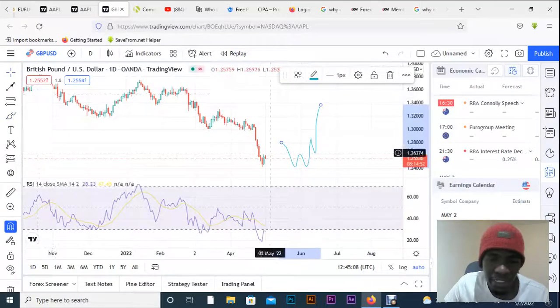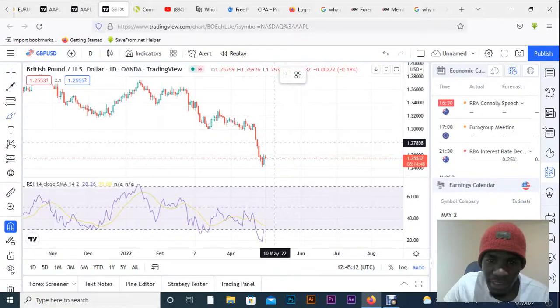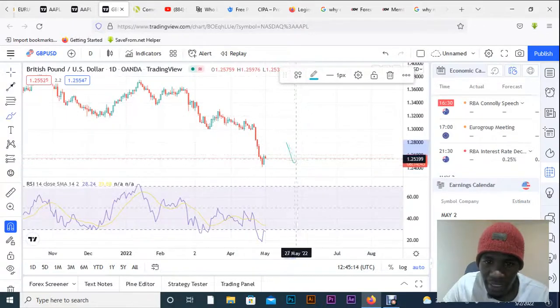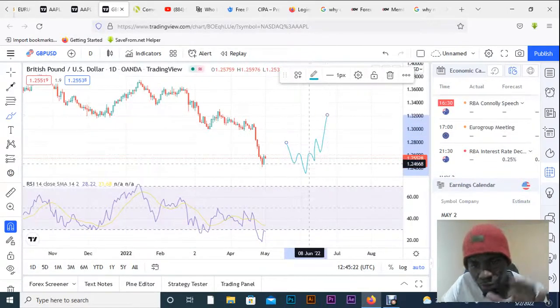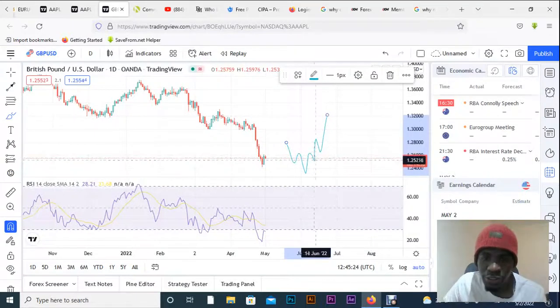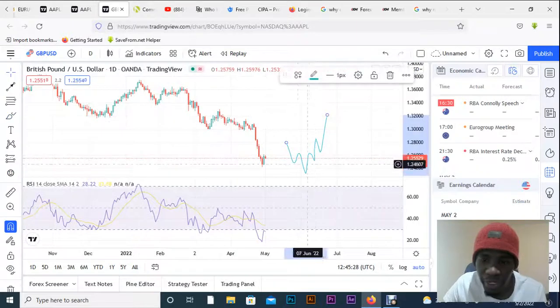But the market can also give us an inverted head and shoulder: shoulder one, head, second shoulder, break of the neck, retest, shoot up. We know that the market is going up, so we'll be looking for buying opportunities.